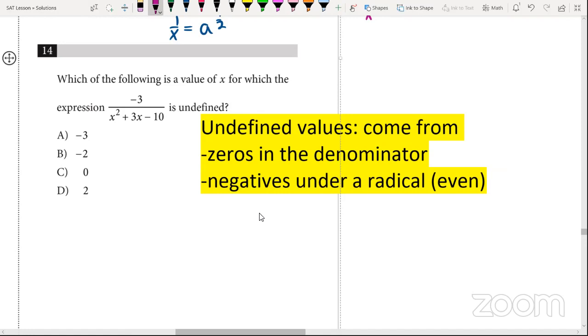Okay, so anyway, we don't have radicals here, but we do have a denominator. And what values would cause zeros in this denominator right here? We can find that out by taking the denominator and just setting it equal to 0. So how do we find the value that makes it 0? We find that by setting it equal to 0, having a quadratic, which is what this kind of equation is called, equal to 0.